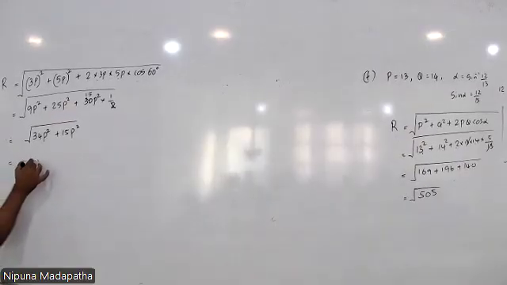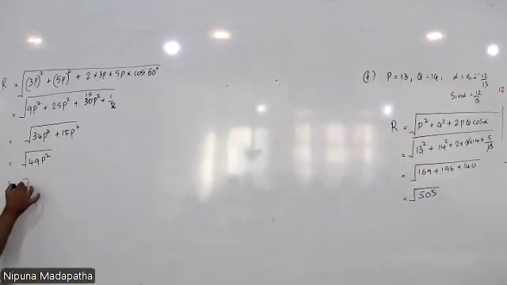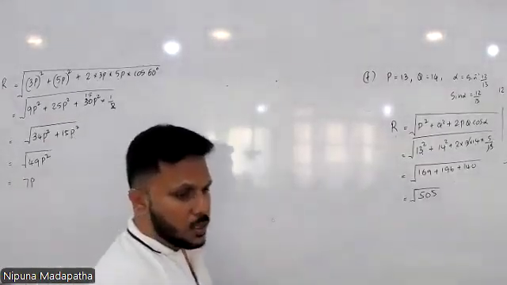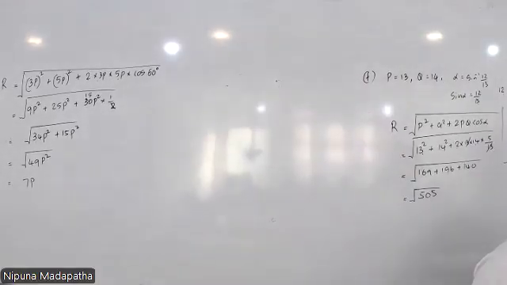The resultant is 49P squared. The answer is 7P.